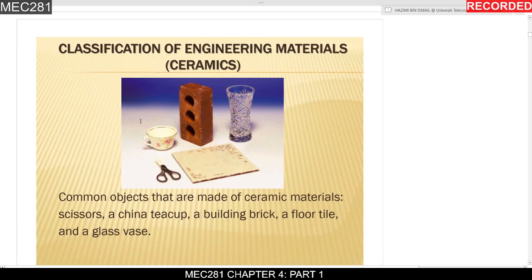And then the third type of material, the main type that I mentioned earlier, is ceramics. Common objects made of ceramic materials include kitchenware, a China teacup, of course your teacups, plates and bowls, most of them ceramic-based materials, a building brick, a floor tile, and a glass vase.